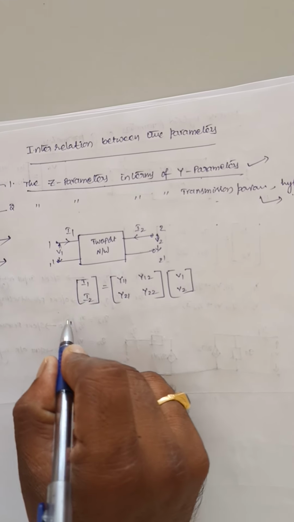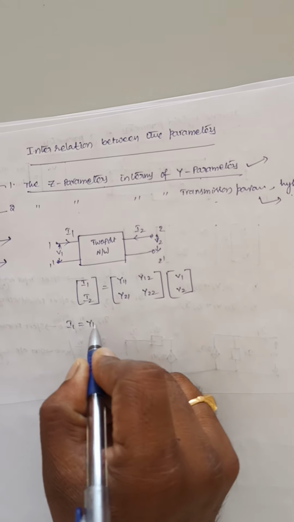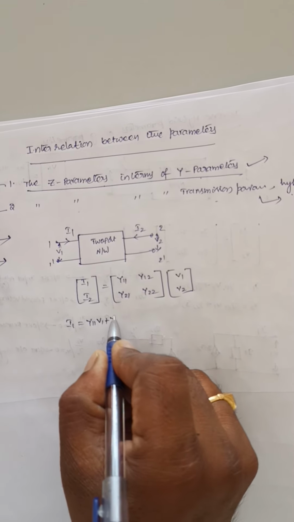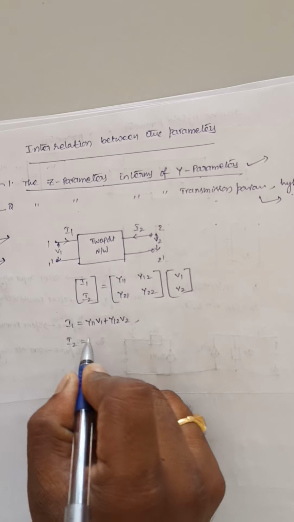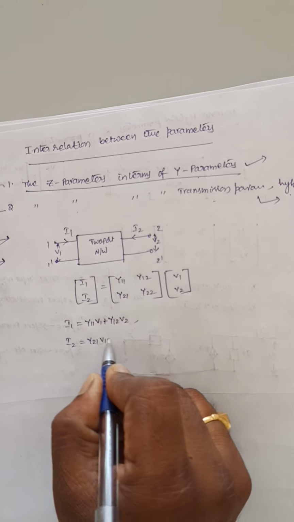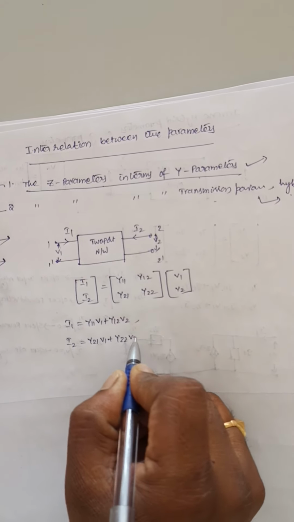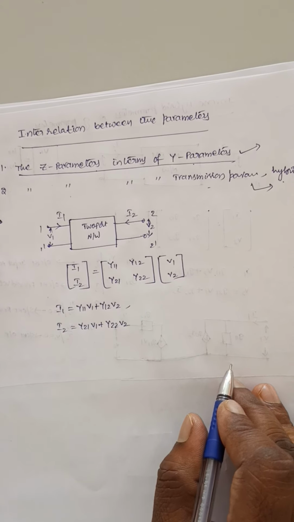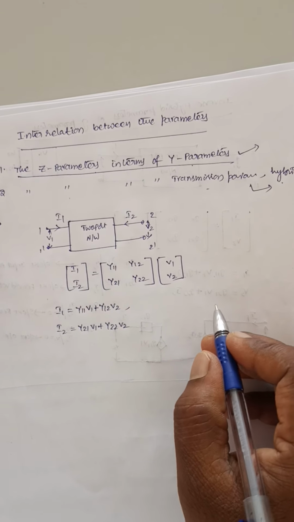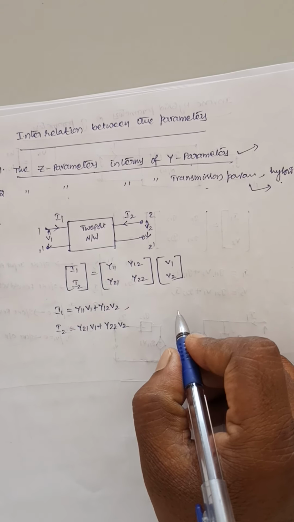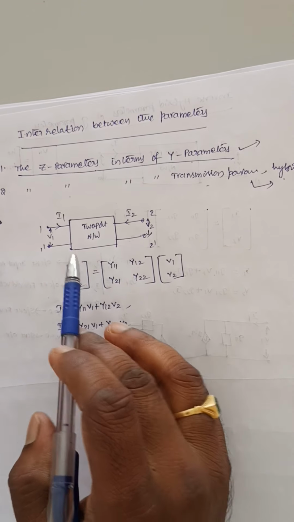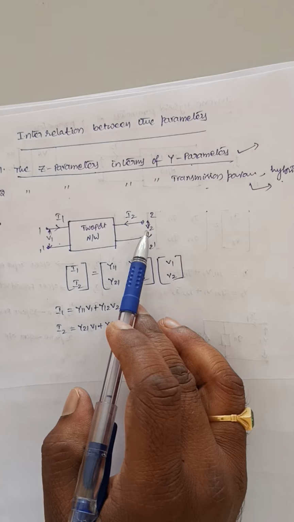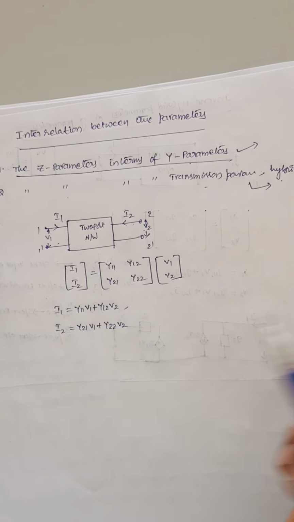Right. Next here I1 is equal to Y11 V1 plus Y12 V2. Next I2 is equal to Y21 V1 plus Y22 V2. Right. Now what are the equations that represent the relation between the input voltages and output voltages, input currents and output currents in terms of Z parameters?